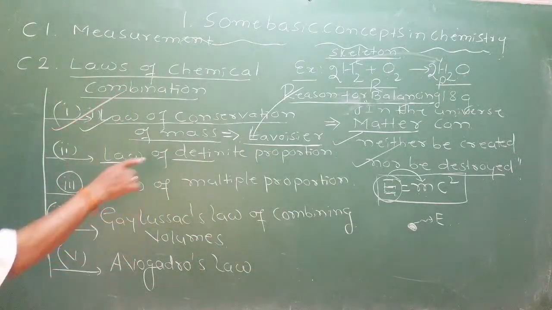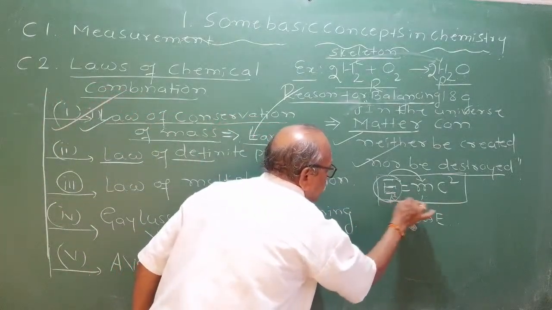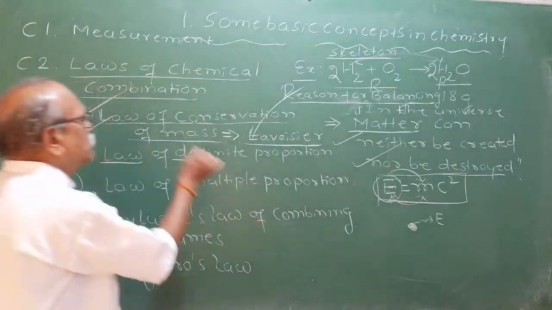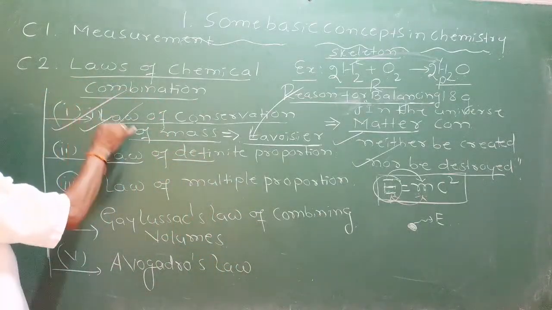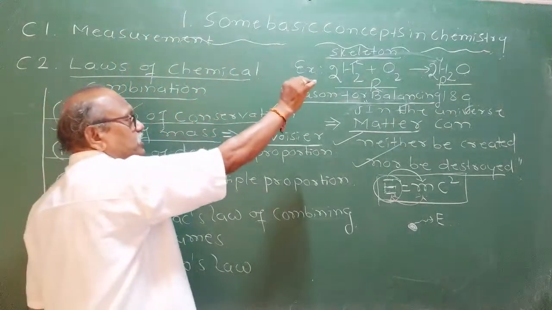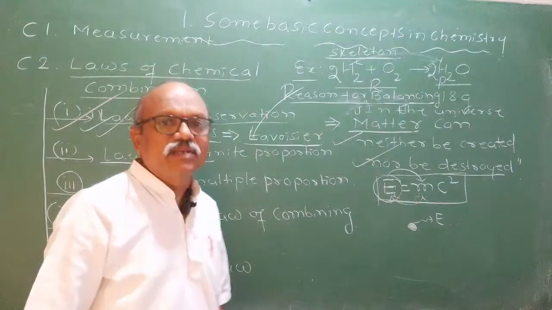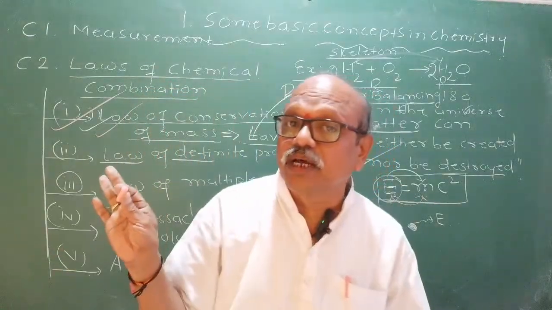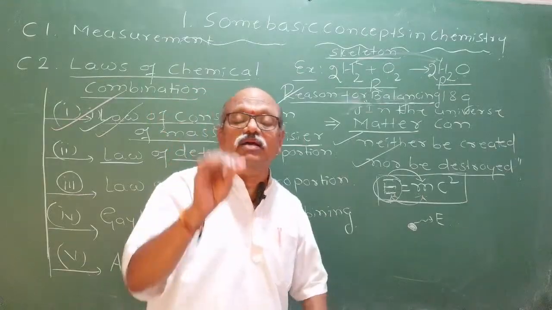It was given by Lavoisier after the establishment of the energy and mass relationship by Einstein. This law was proposed in chemistry, and because of this law, after writing every chemical equation, it is mandatory to balance it. If you do not balance a chemical equation, teachers will cut your marks. Why are they cutting the marks?